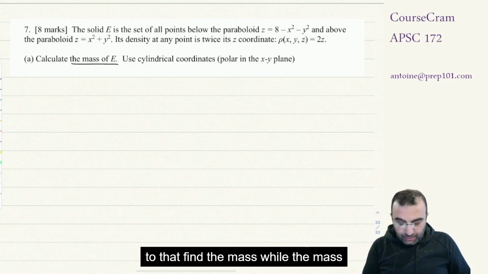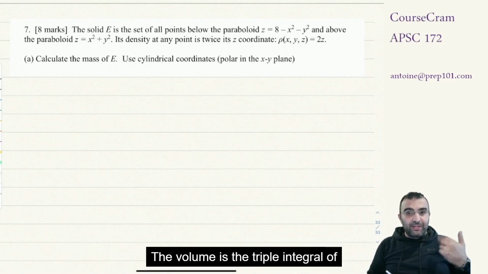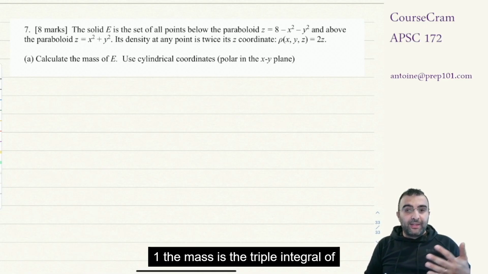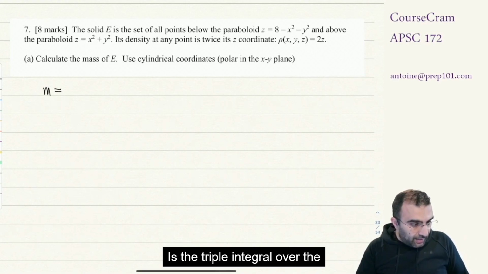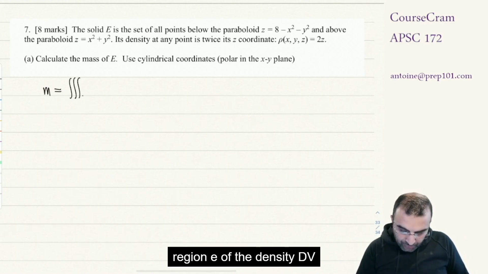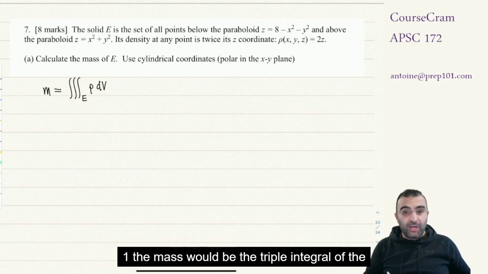Find the mass. Well, the volume is the triple integral of 1. The mass is the triple integral of the density. So mass is the triple integral over the region E of the density dV, because the volume is the triple integral of 1. The mass would be the triple integral of the density.